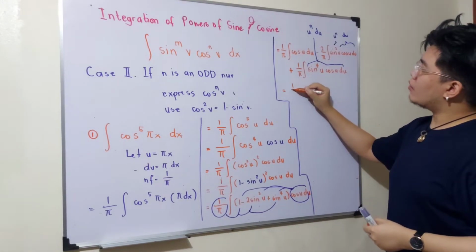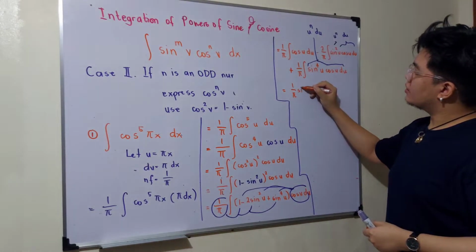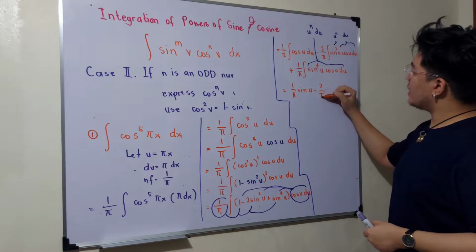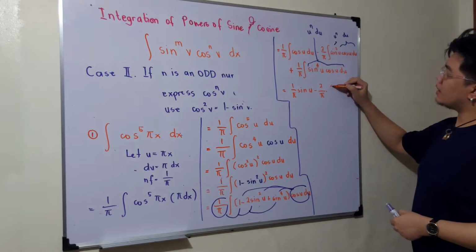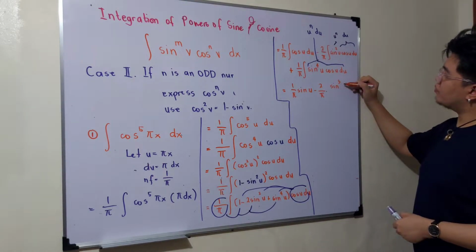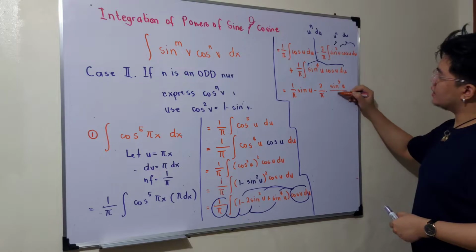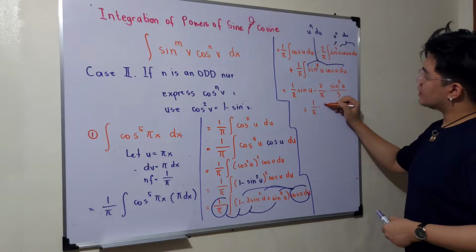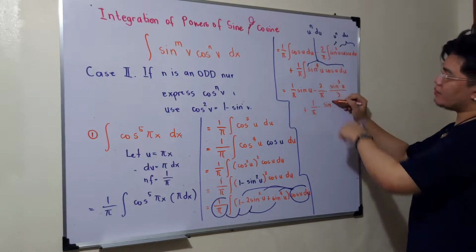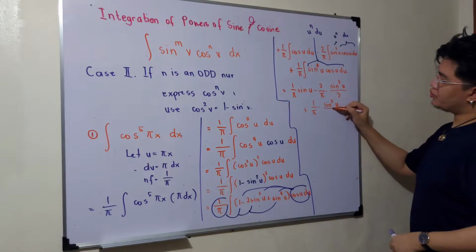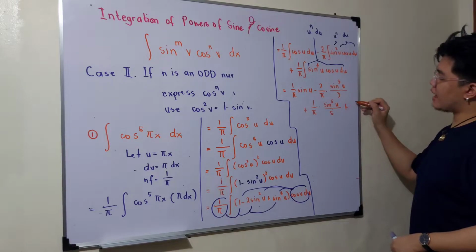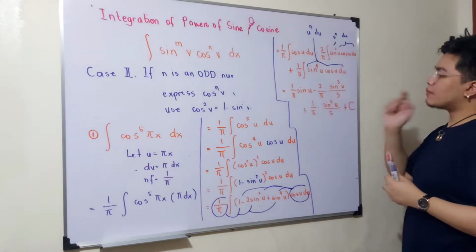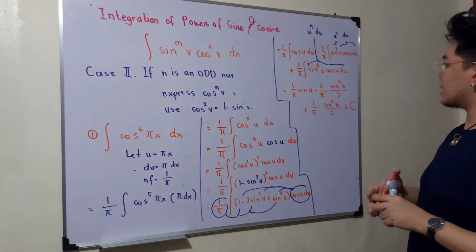So dito we have 1 over pi sine u minus 2 over pi times, so ito magiging sine cubed u over 3, and then plus 1 over pi times sine raised to 5 u over 5 plus capital C. So simplifying further, tapos yung pi pwede natin ilabas.